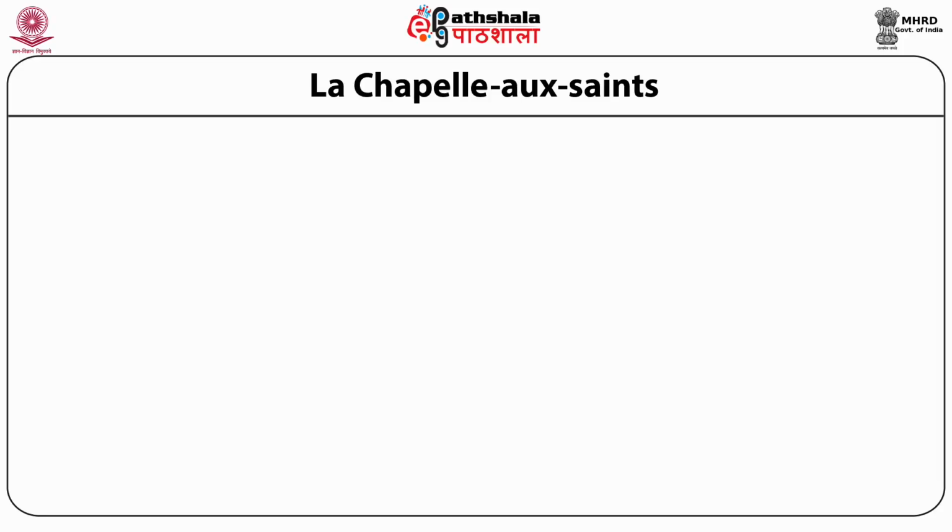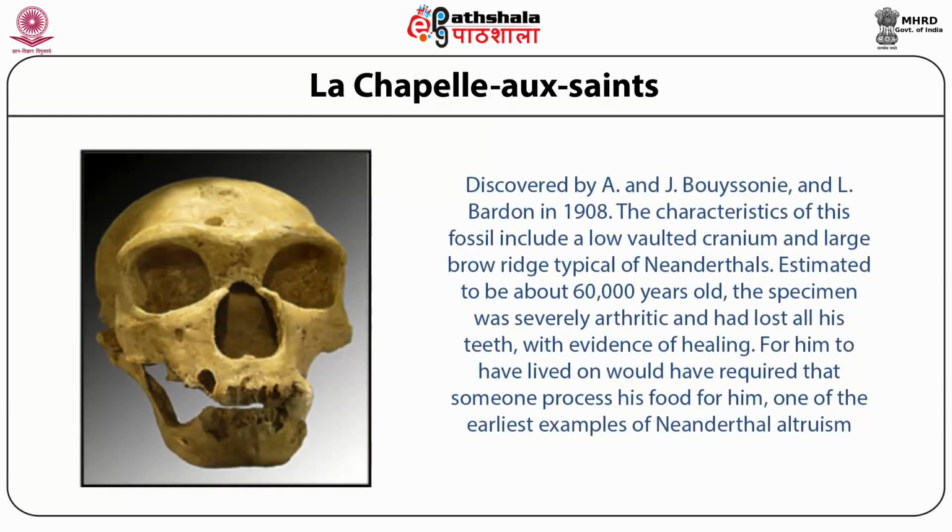Let's discuss the important La Chapelle-aux-Saints 1. It is a fossilized skull discovered in La Chapelle-aux-Saints, France by Bouyssonie and Bardon in 1908. The characteristics of this fossil include a low-vaulted cranium and large brow ridges typical of Neanderthals, estimated to be about 60,000 years old.